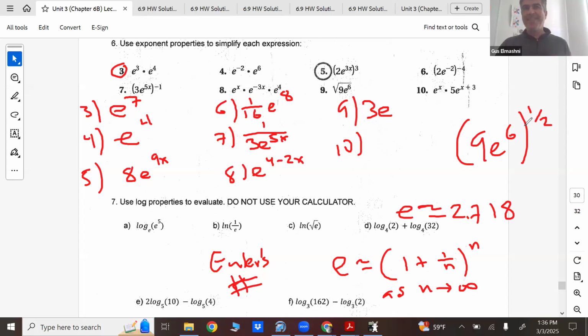What's 6 times half? 3. So it's 3e^3. So be careful about that. And then lastly, that's 5e^(2x+3). Again, these are not test problems, but it's good to know your properties of exponents. Even though e is not a variable, it's a number, you can treat it like a variable when you're doing the properties of exponents.